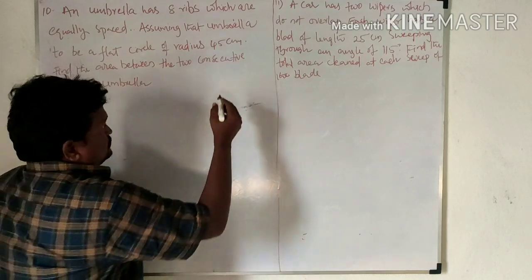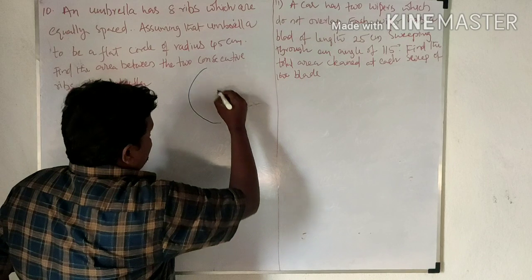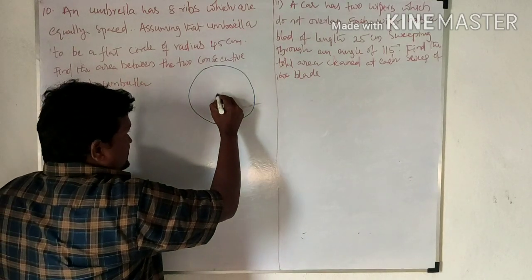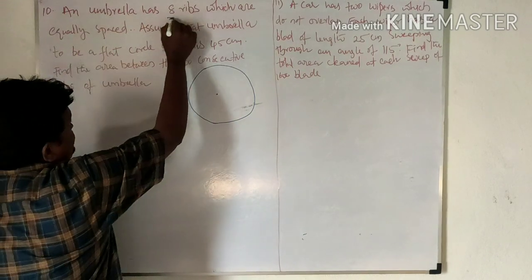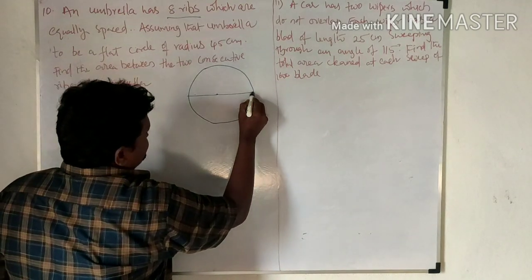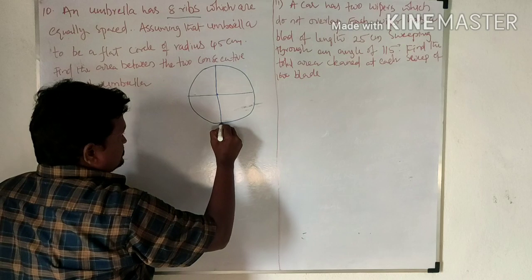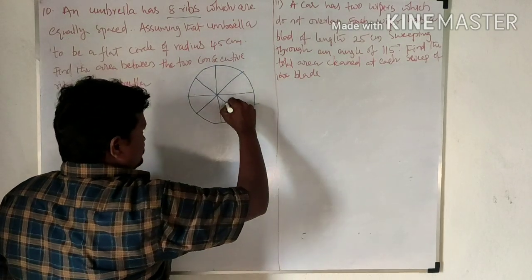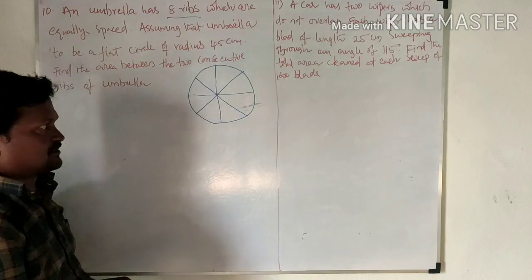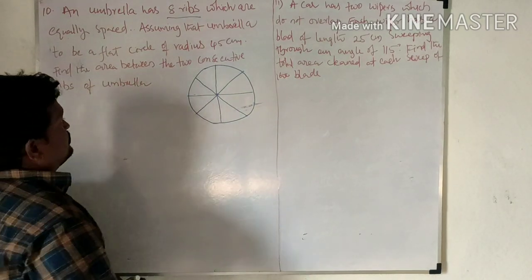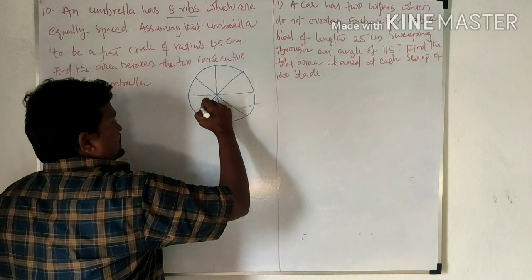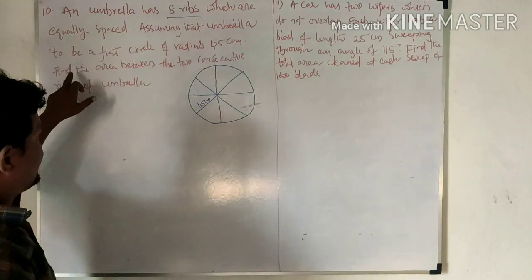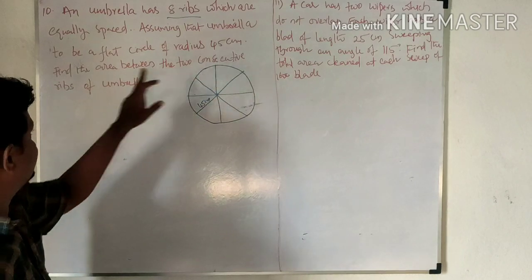See that? So let the circle be in the shape of the umbrella. How many ribs are there? 8 ribs like this. Total 8 ribs are there. The radius of this circle is 45 centimeters, and we have to find the area between two consecutive ribs.